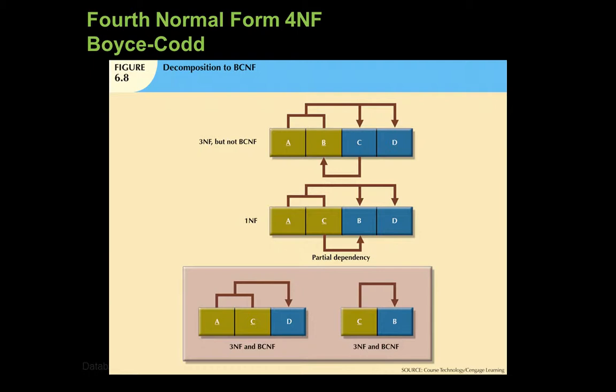Now this chart reflects a database that is in the Boyce-Codd normal form, and you'll notice at the center of the screen we have data that's in the first normal form, and it's been broken down to the third normal form above. Notice here in the pink rectangle how it's been broken down into the third normal form Boyce-Codd.